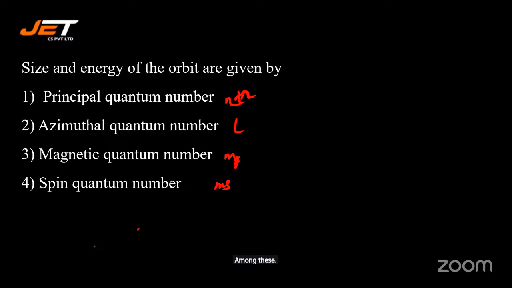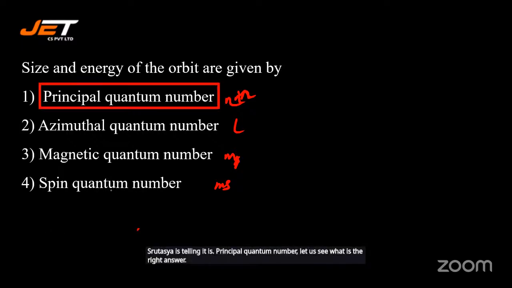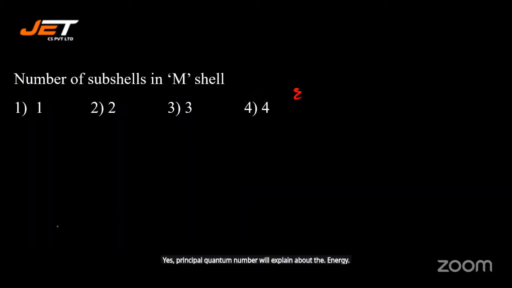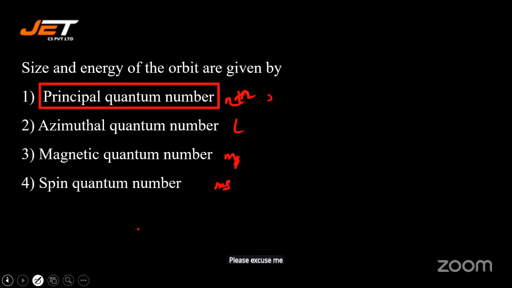Size and energy ఏం చెప్తుందమ్మా? Shrutasya is telling it is principal quantum number. Let us see what is the right answer. Yes, principal quantum number will explain about the energy of the orbital.